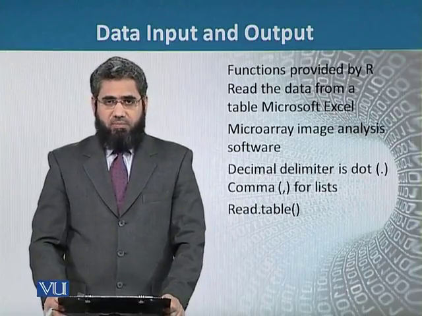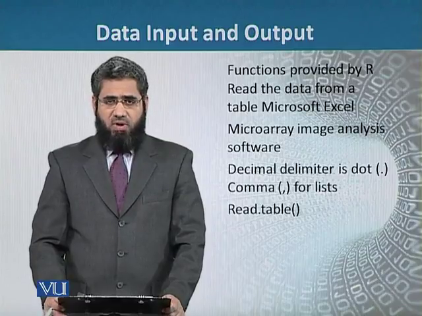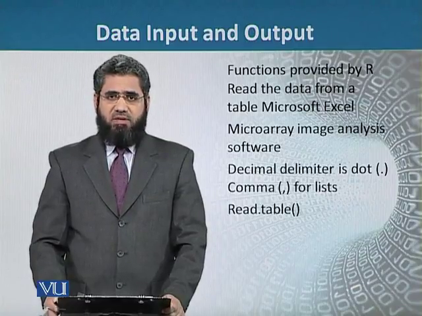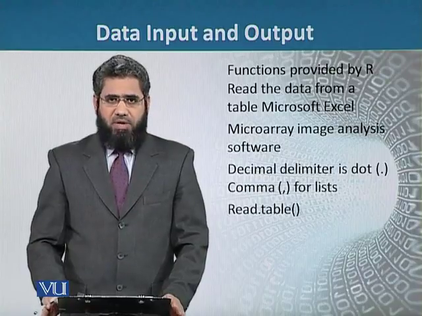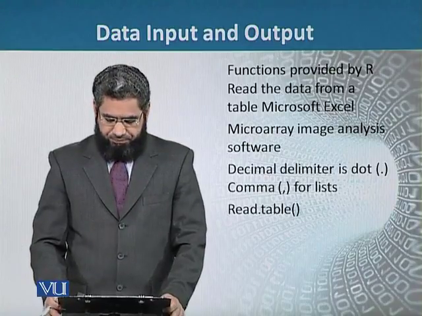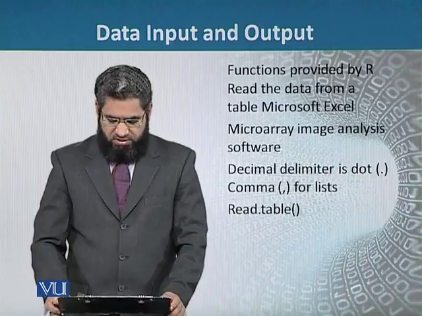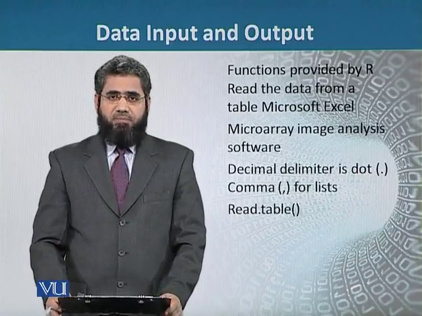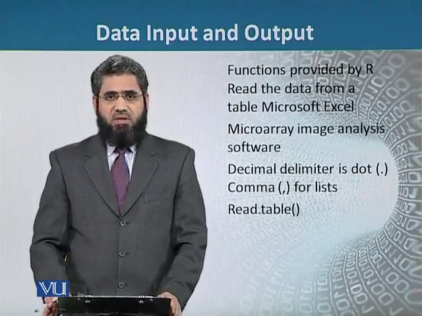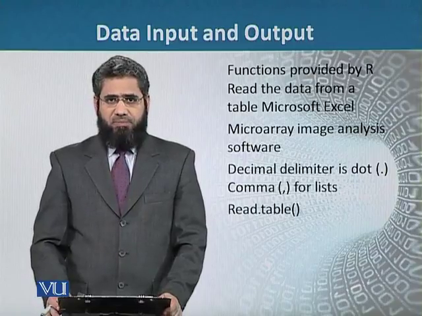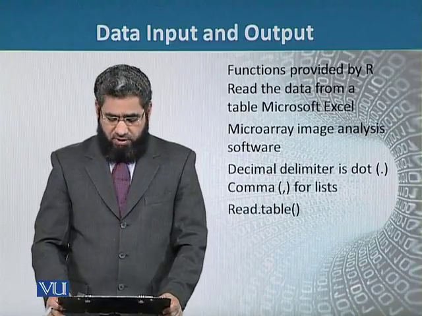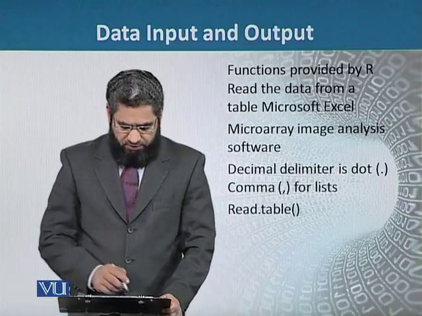If the delimiter is a comma, it means it is being read as a table or a list. If we have a tab delimited table, then it can be read by a command known as read.table.